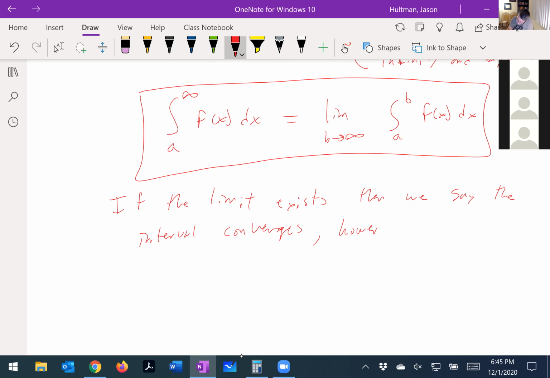However, if it does not exist, then the integral diverges. Okay, it either converges to a value or it diverges.